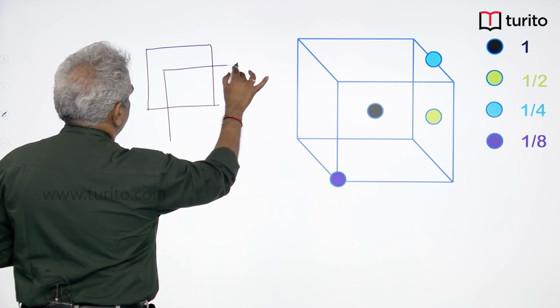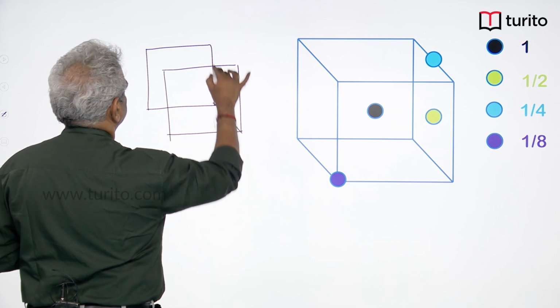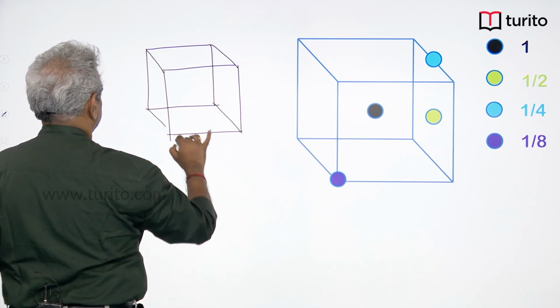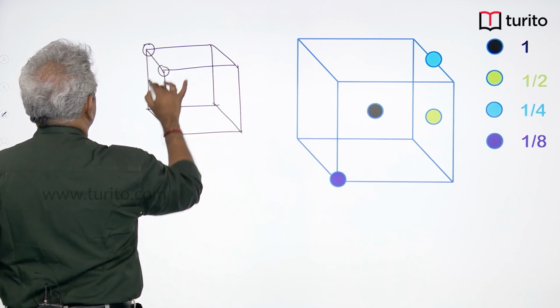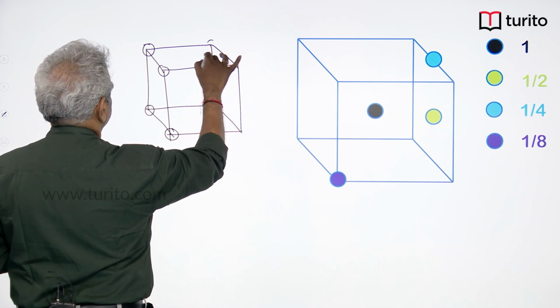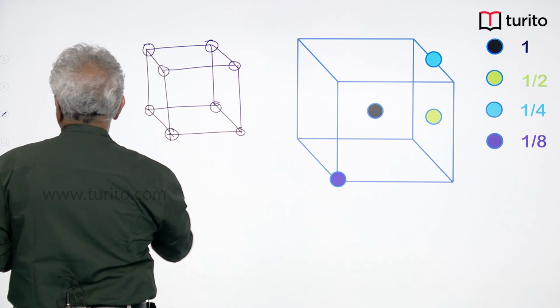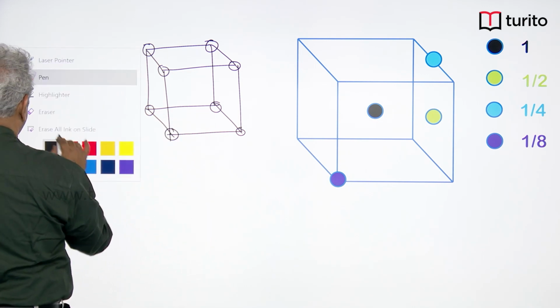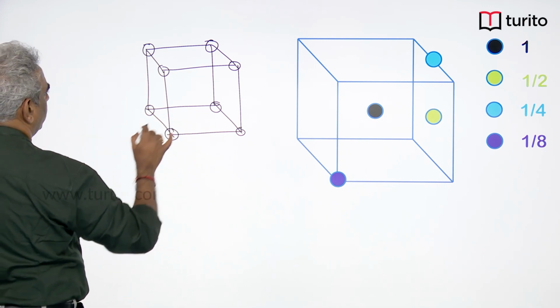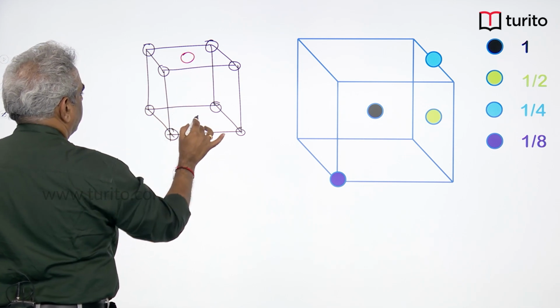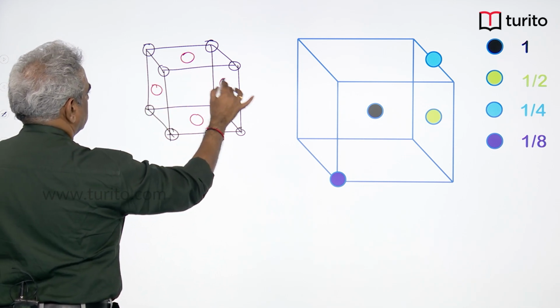There is another cube. You have got atoms on the corners, and you have got a different variety of atoms on the faces.